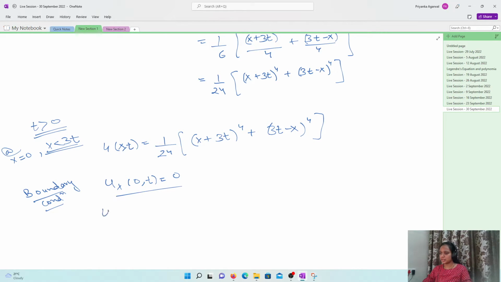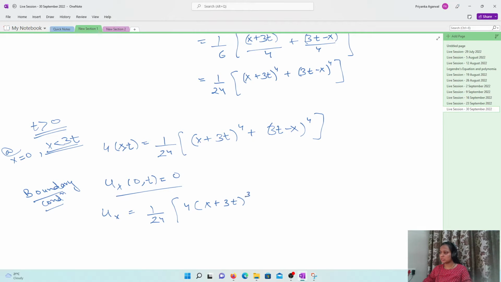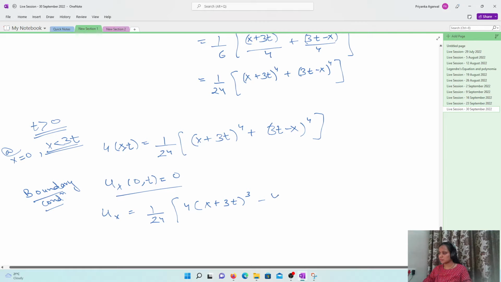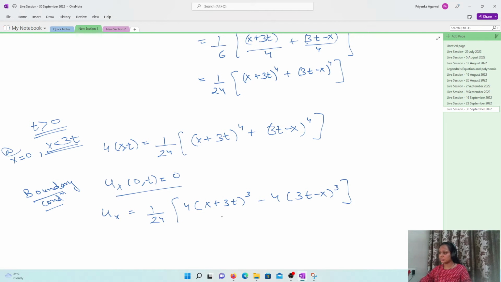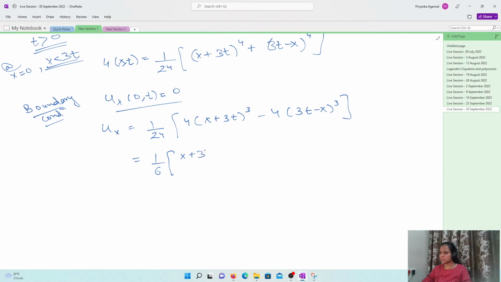So if we just write ux, what will it be? 1 by 24. This becomes 4(x plus 3t) cube and then minus 4(3t minus x) cube. So I just differentiated it once. So this is now 1 by 6 times (x plus 3t) cube minus (3t minus x) cube.